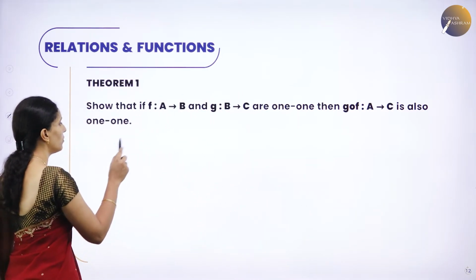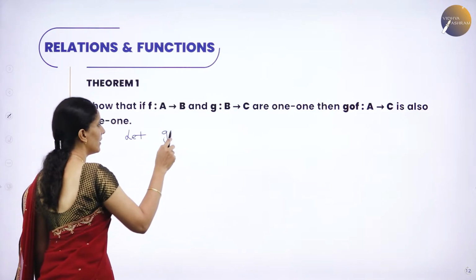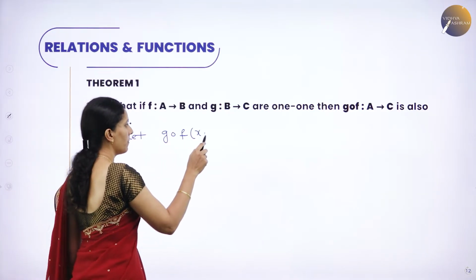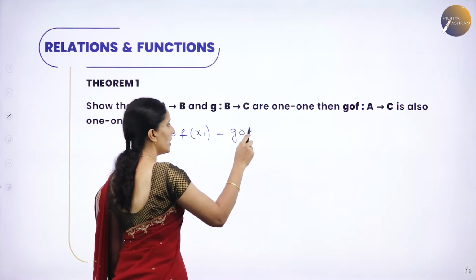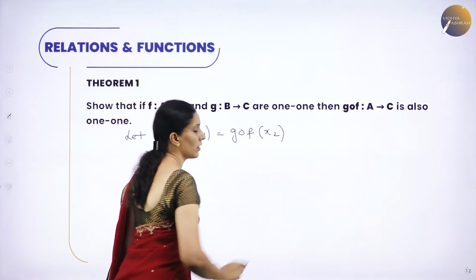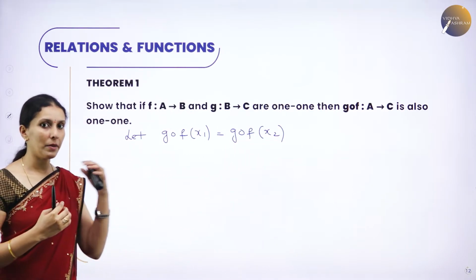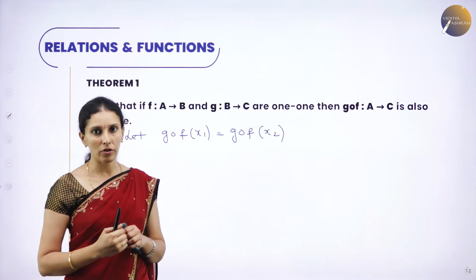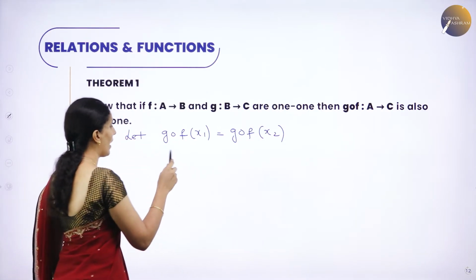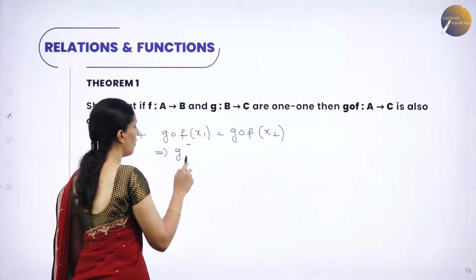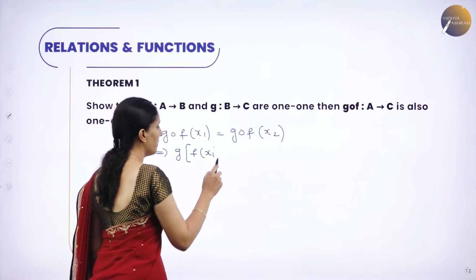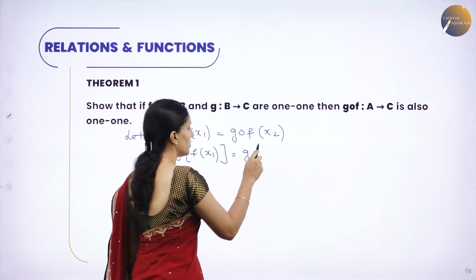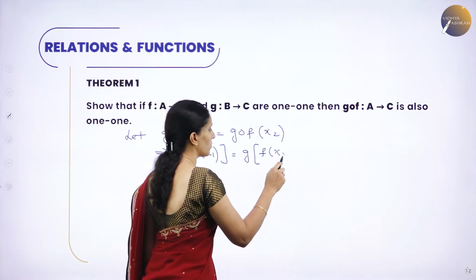So what we have to consider here, let g∘f(x1) be equal to g∘f(x2). Because we have to show that if the images are same, then the domain elements are same. So let's write this. g(f(x1)) is equal to g(f(x2)).